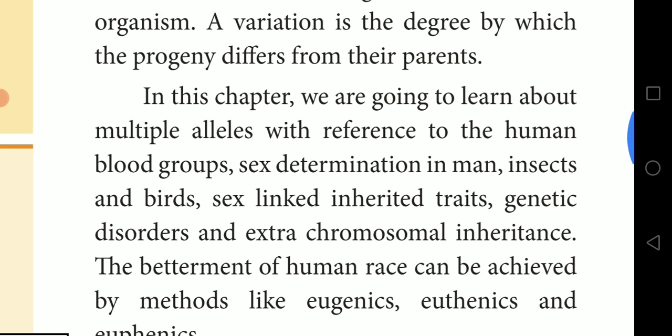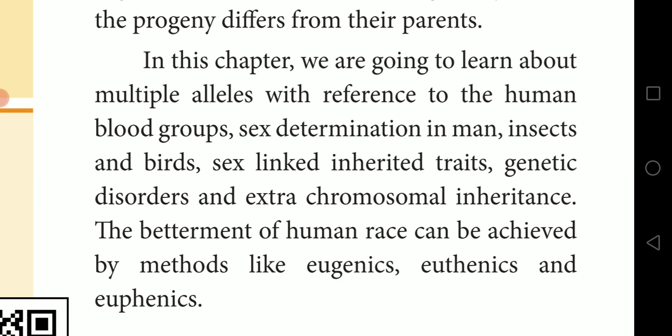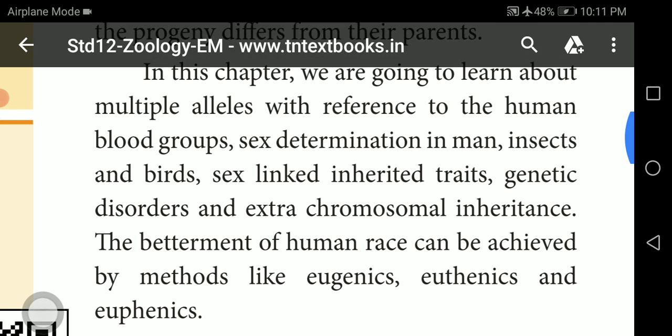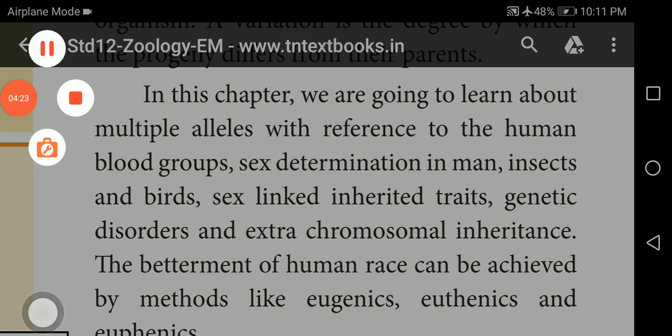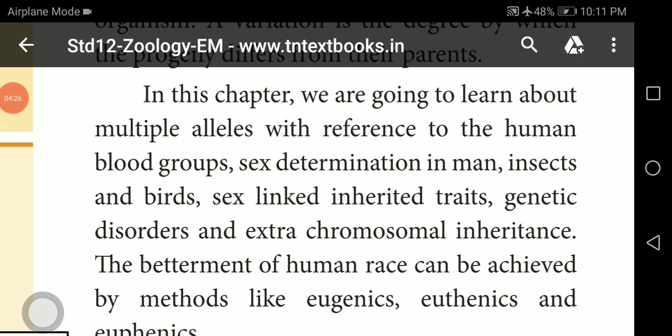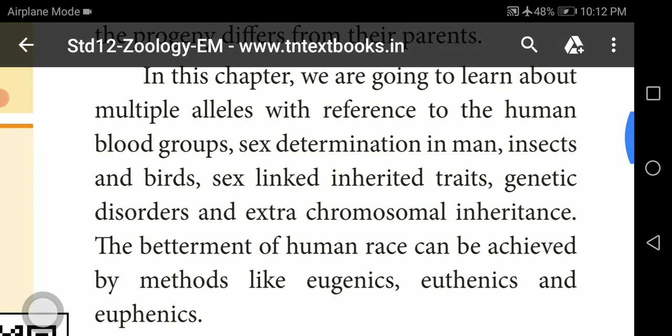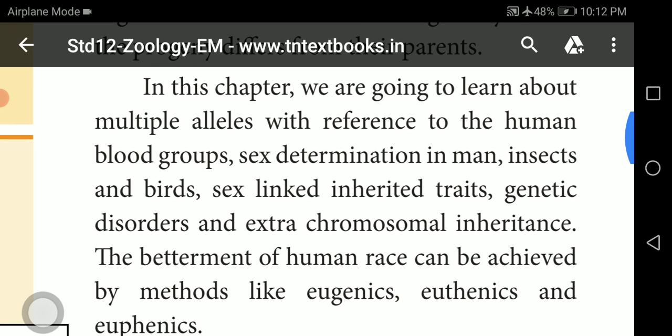In this chapter, we are going to learn about multiple alleles with reference to human blood groups, sex determination in man, insects and birds, sex linked inherited traits, genetic disorders and extra chromosomal inheritance.